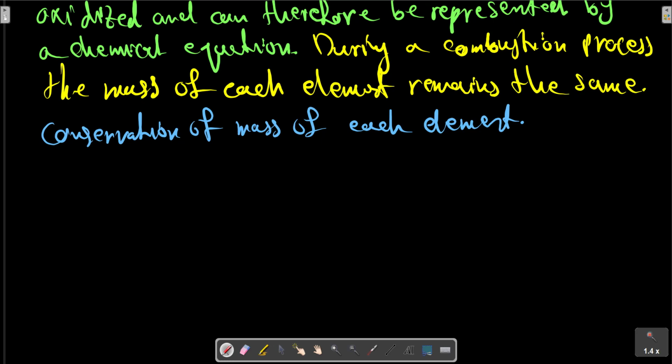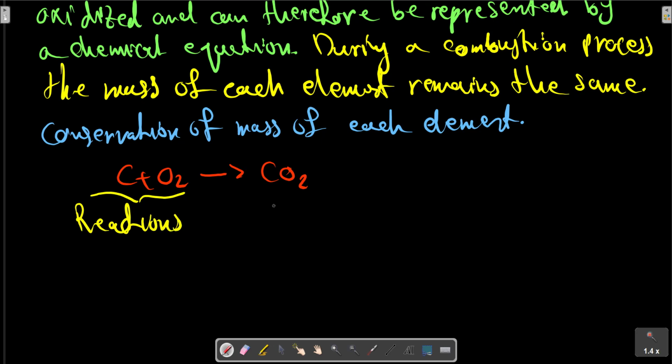Consider first the reaction of carbon with oxygen. We say that C plus O2, the reactants, gives the product CO2.